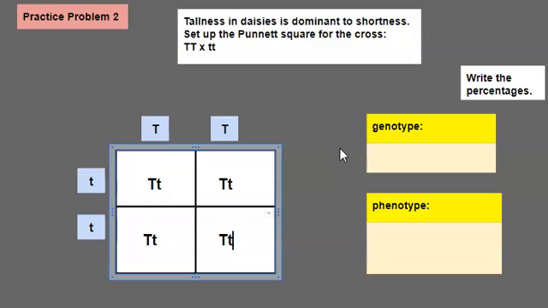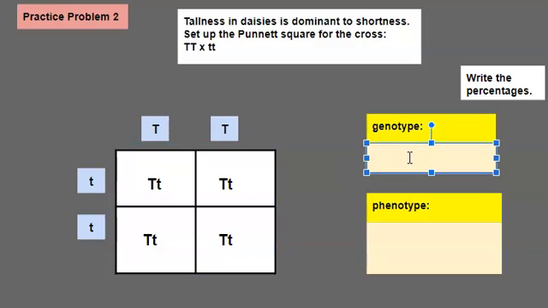Okay. So we write the percentages for the genotype, and in this case, it is 100% big T, little t, to 0 big T, and 0 little t.